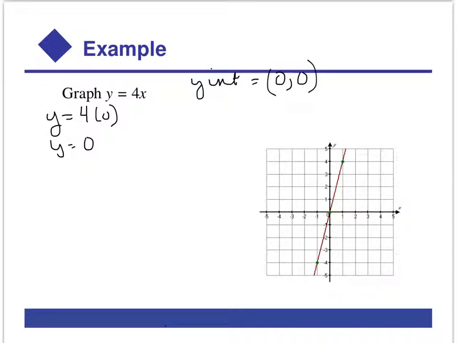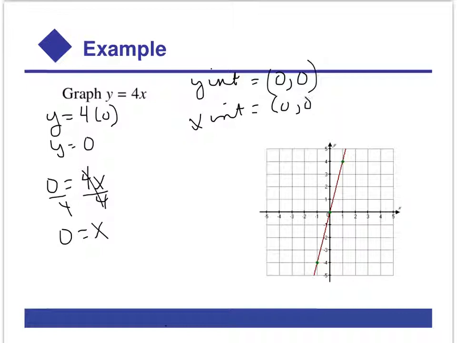Then if we let y equal 0 and we go by 4x, we divide both sides by 4 and we get x equals 0. So our x-intercept is also (0, 0).